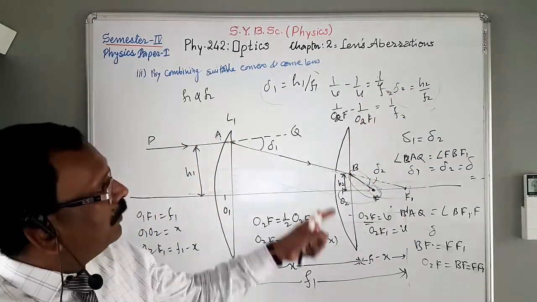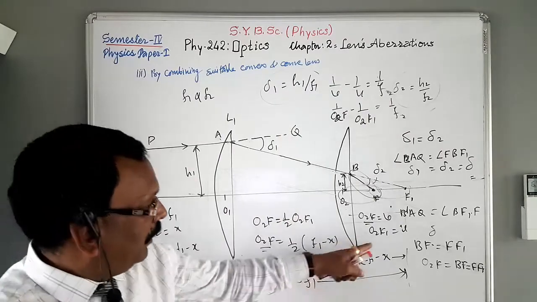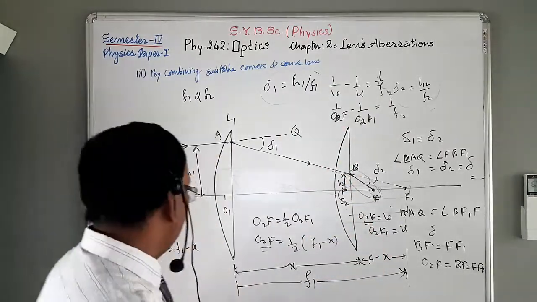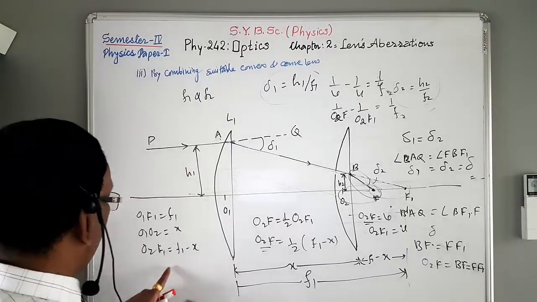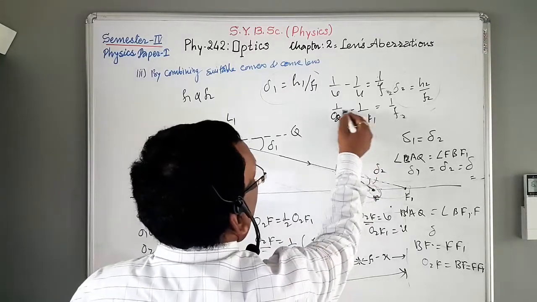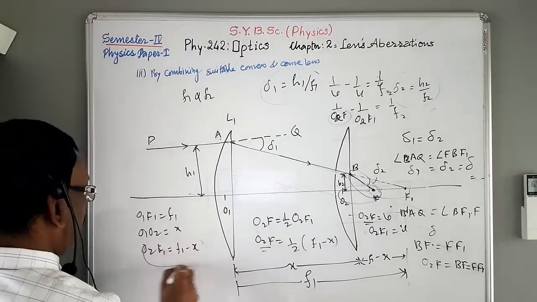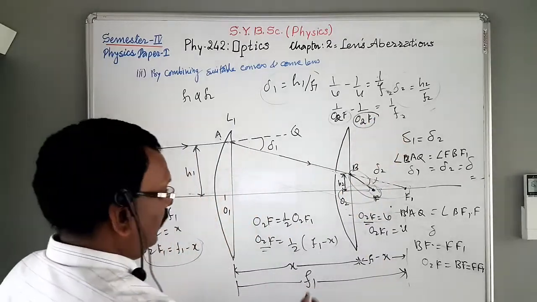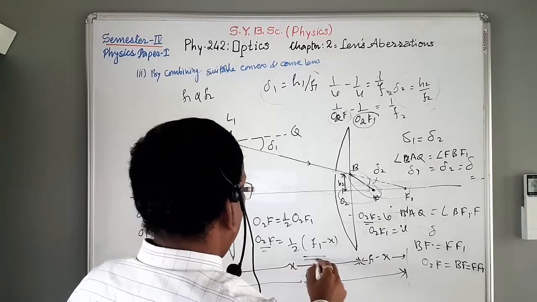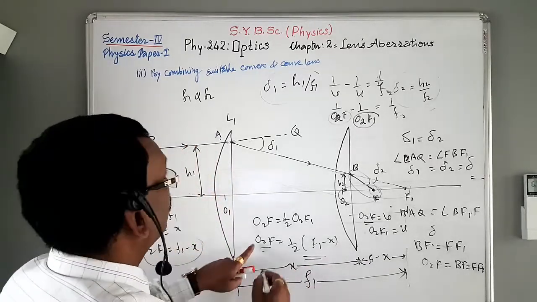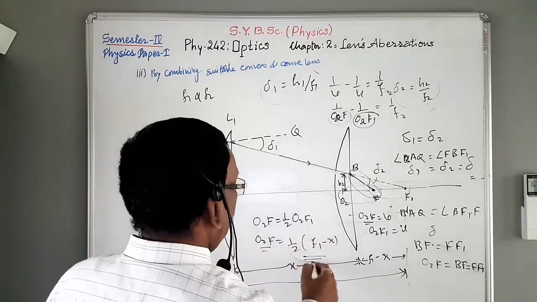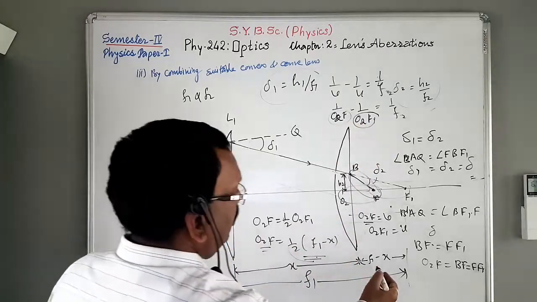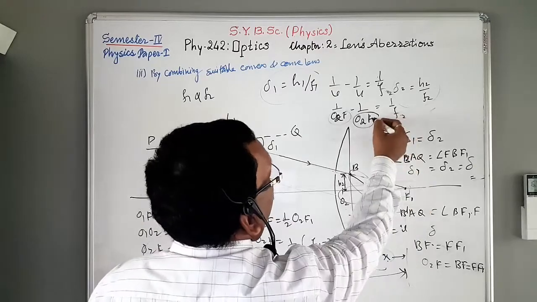Now using these values in this equation, we have O2F as this and O2F1 as this. We substitute these values here.